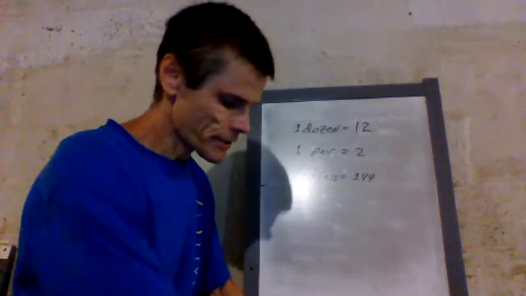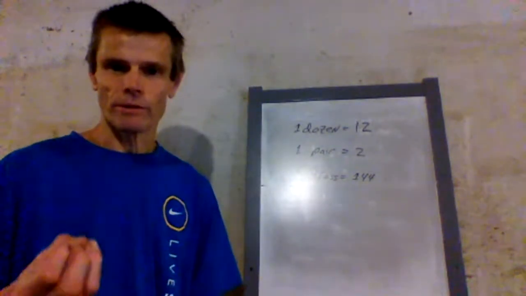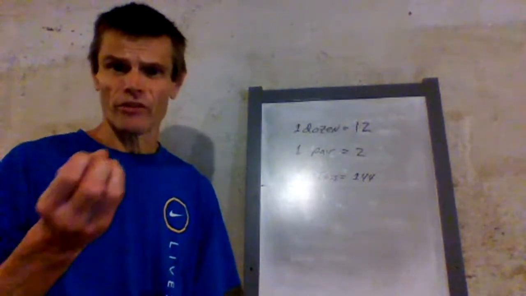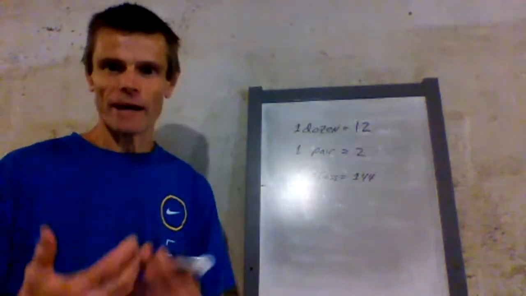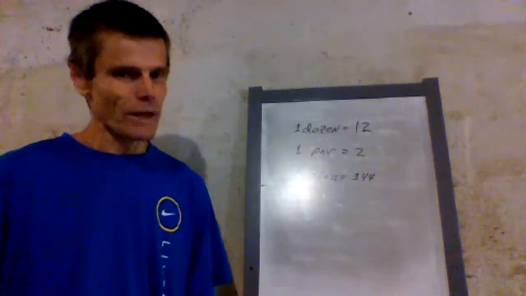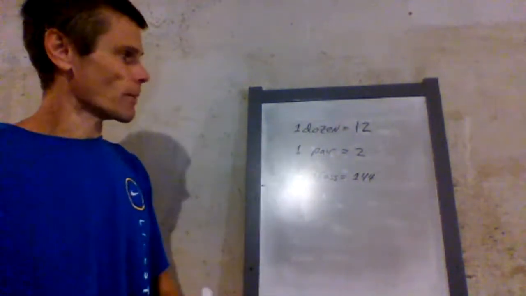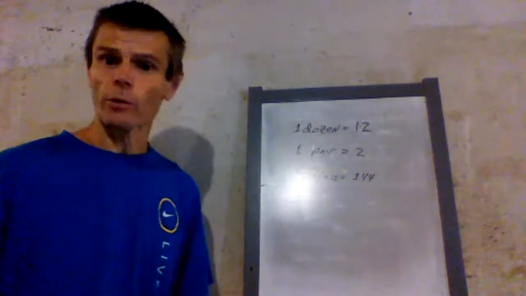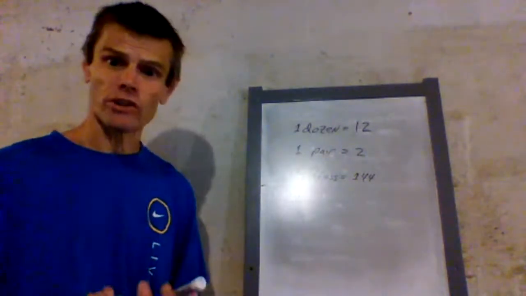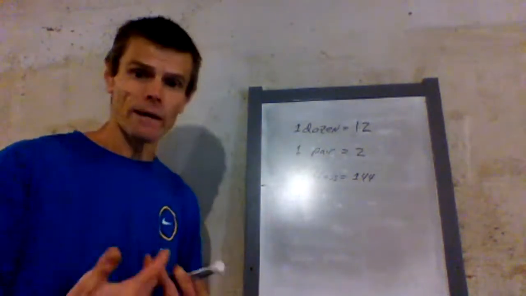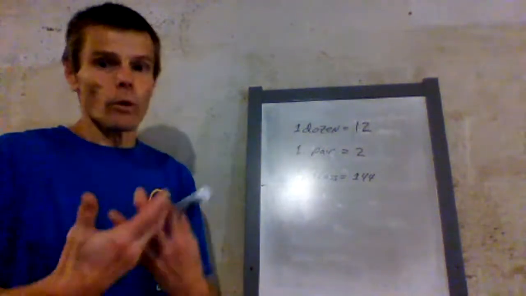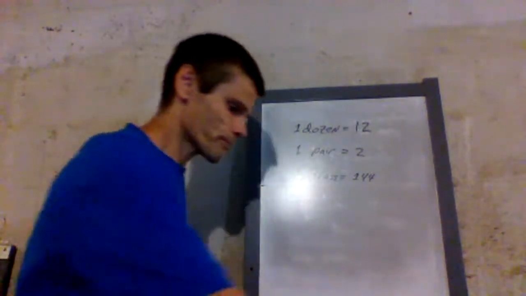In science, to measure small particles such as the water molecule on a macroscopic scale, we need a heck of a lot more than a pair, a heck of a lot more than a dozen, more than a gross even. We need a very large number of particles that we can measure out, and what we use is the mole.